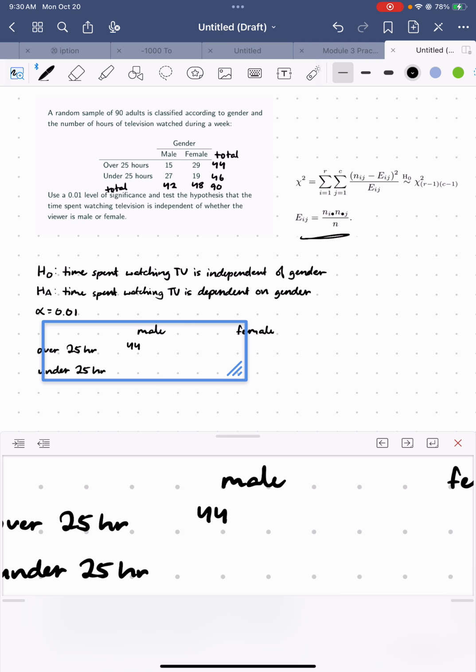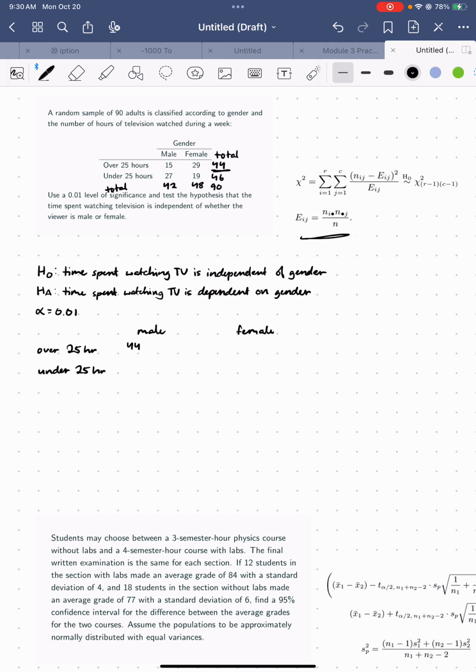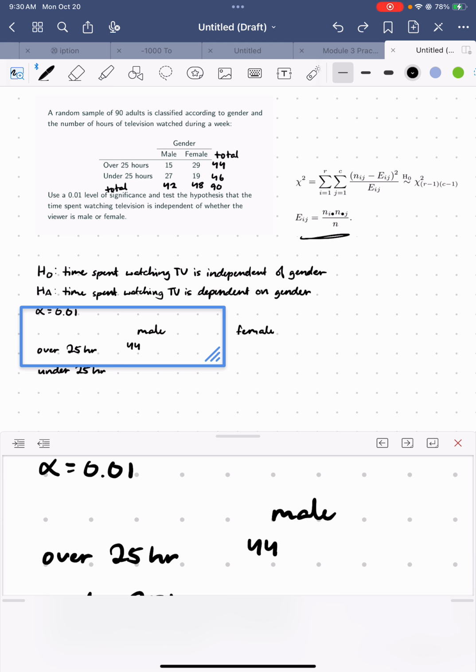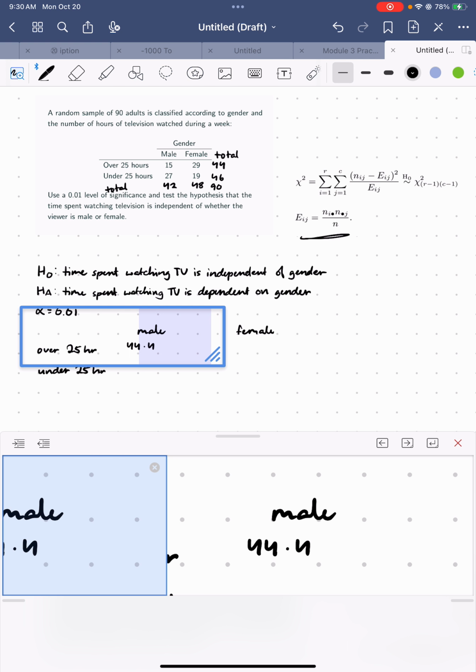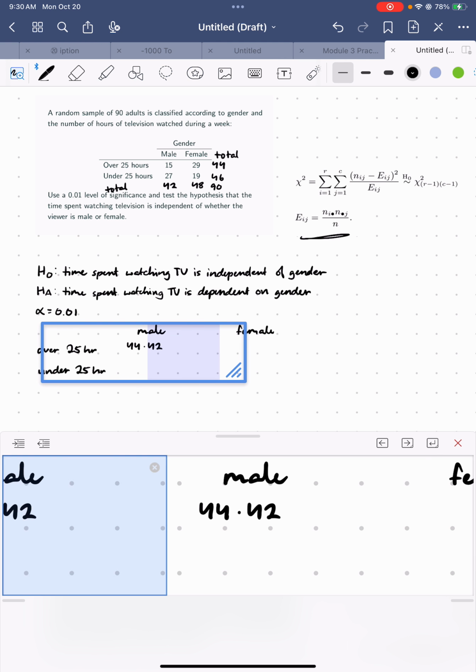So 44 for our top, so we're taking these two first for our first one. So it's 44 times 42 divided by 90. And that should come out to 20.5.